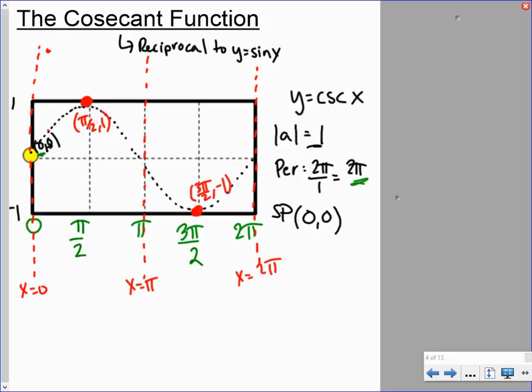And the same thing happens as you go around the unit circle when you get to 5 pi over 6, right? At 5 pi over 6, your y value would have been 1/2. If you were graphing cosecant instead of the sine value, you would use its reciprocal, which would be 2. And so in between your asymptotes, you're going to get some U-shapes trapped between the asymptotes.